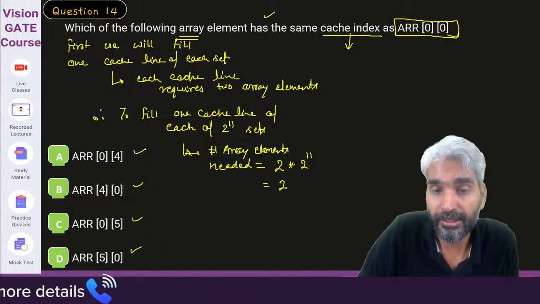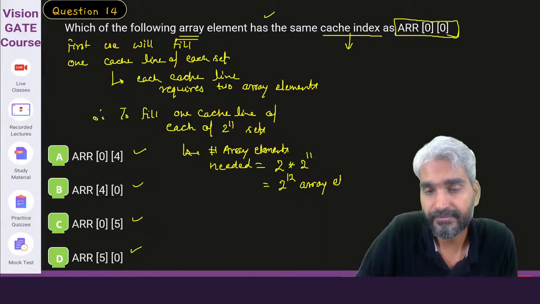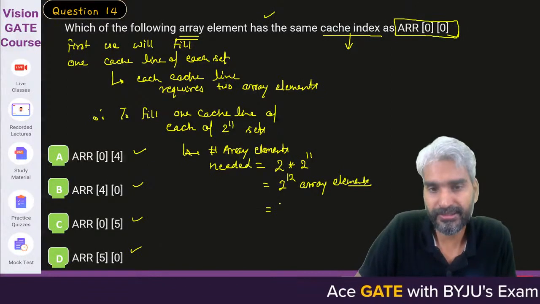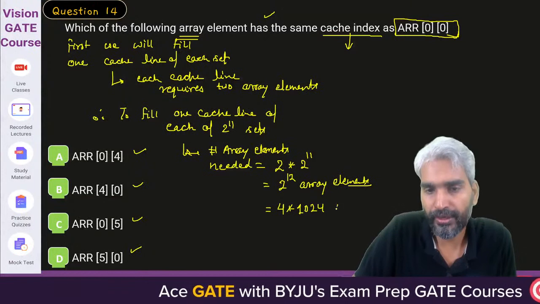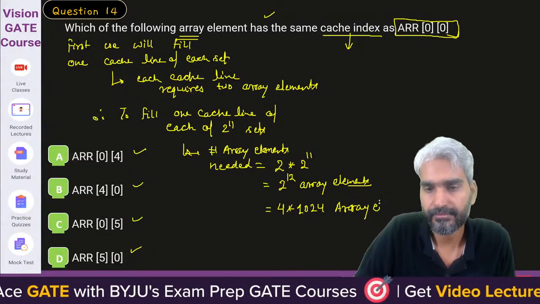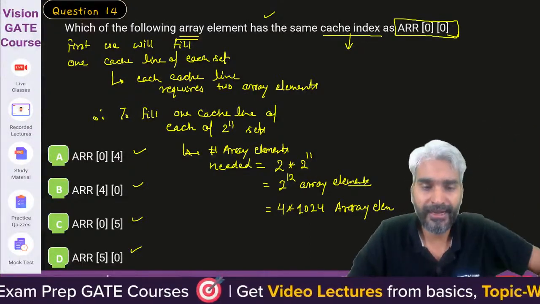Therefore, it will be 2 raised to power 12 array elements. 2 raised to power 12 means 4 into 1024 array elements.